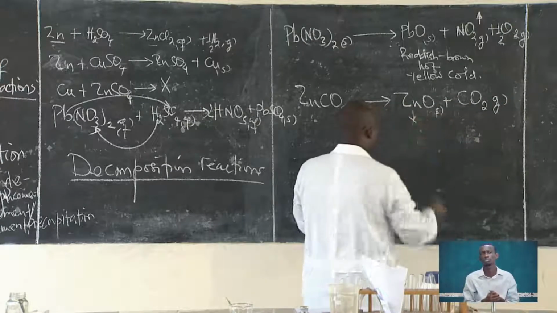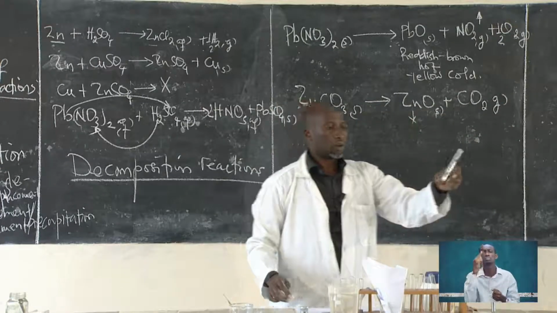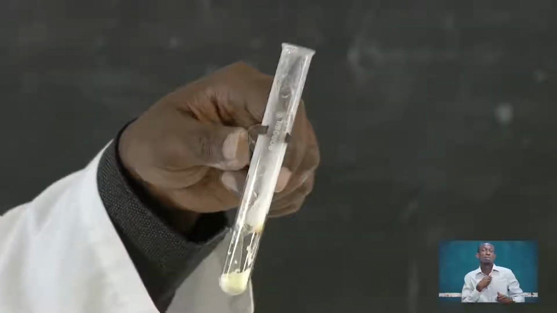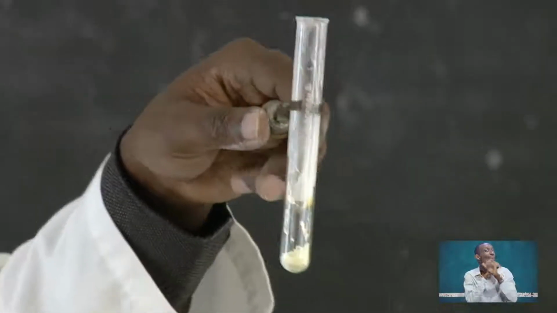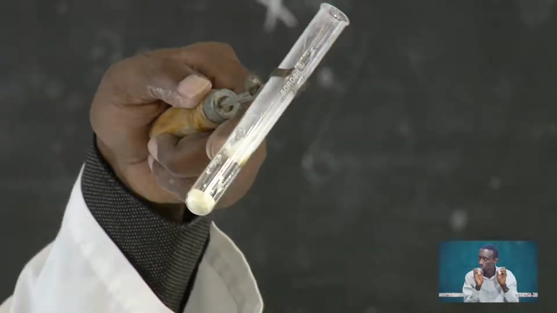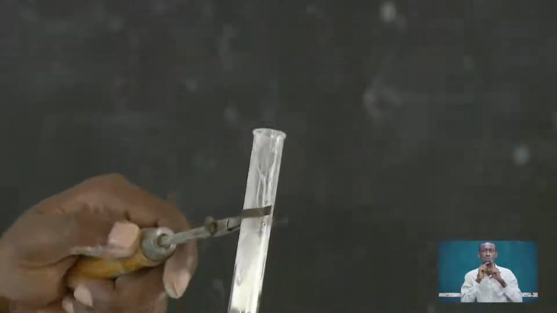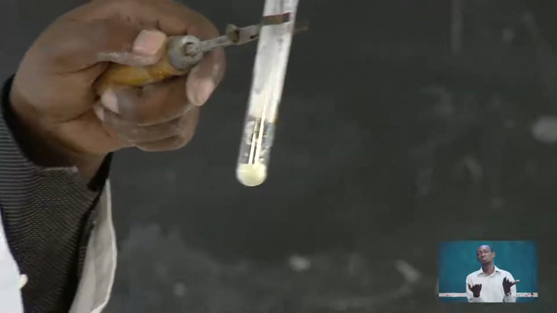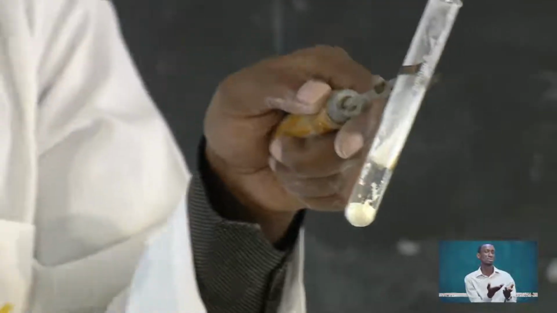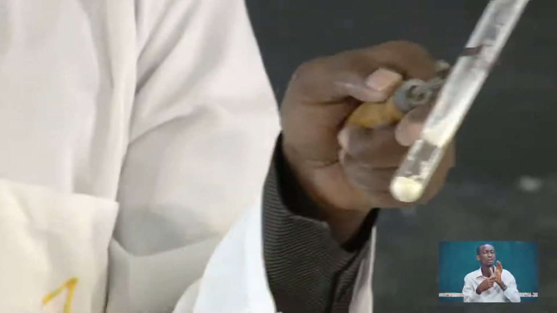So this is the substance. When you look at it, the yellow color will disappear slowly. Just have a look at it. It is not the same way it was before. You'll see the yellow color is disappearing slowly, and it is turning again to white. That is a distinct characteristic of zinc oxide.